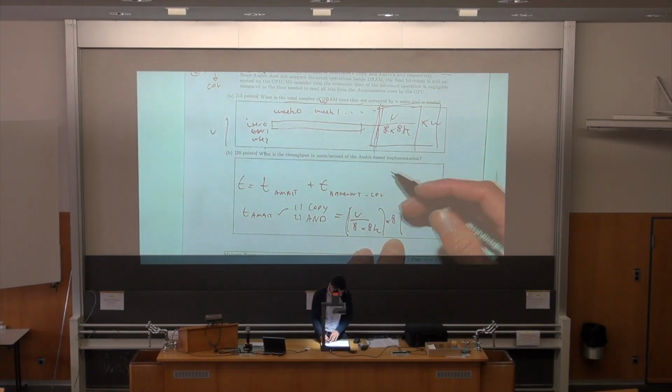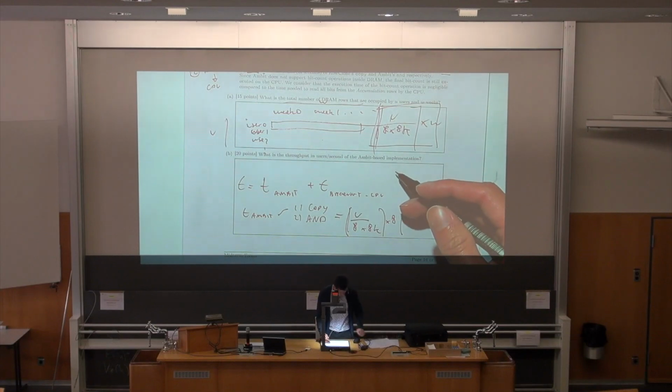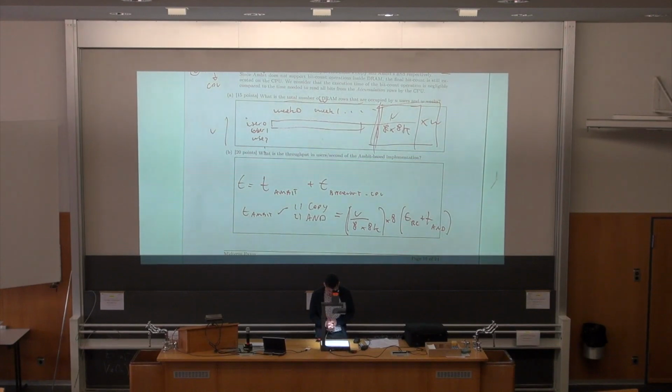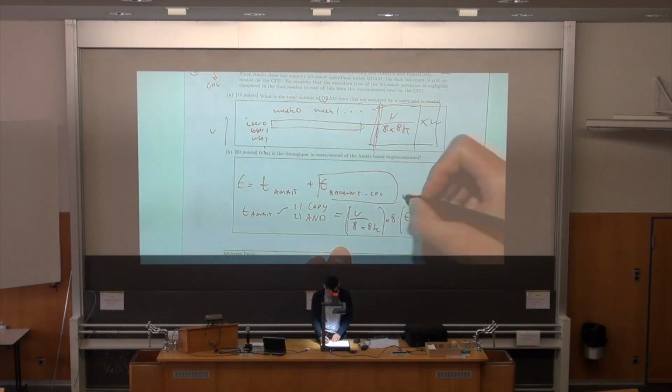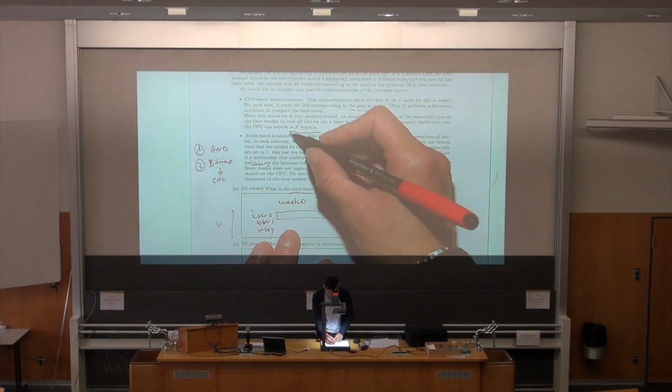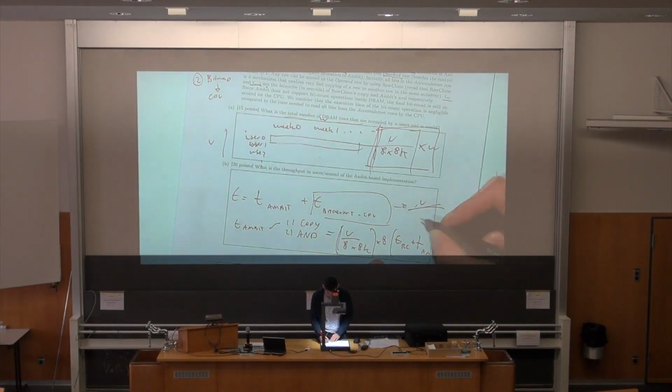And you also have the time to copy the data back to the CPU to do the computation. This is the second part here. So in the end, you are going to have the U users, and the throughput of your memory is X bytes. So you're going to take X times 8, because it's bytes, to do the computation.